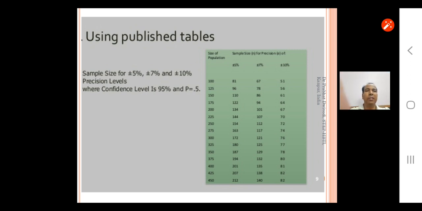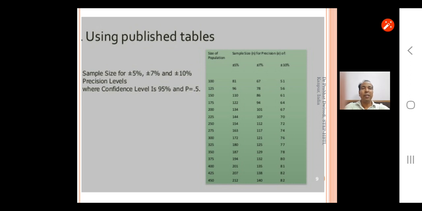So this table which is published here is for the confidence level of 95%, and precision levels are 5%, 7%, and 10%, and error probability is 5%. Population proportion is 50%. As I told you, with 50% population proportion, we can achieve close to 100% variability of the data.